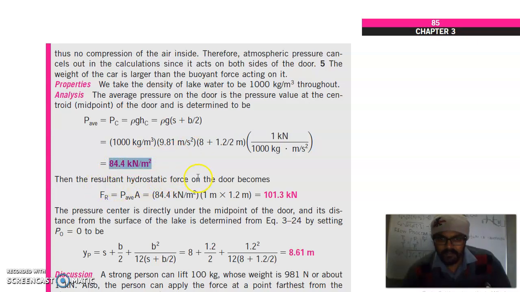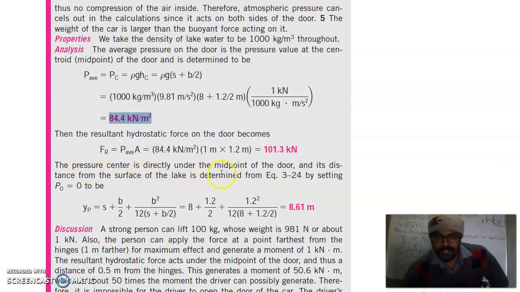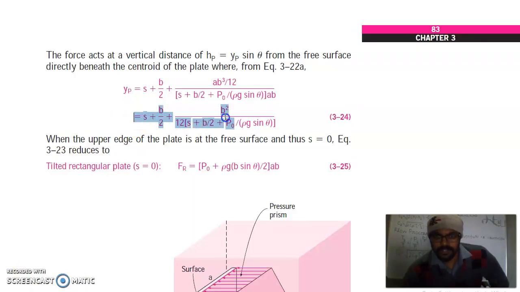Then the resultant hydrostatic force on the door becomes, now what is the resultant hydrostatic force? That is P average multiplied by the area of the door. Area of the door is 1 into 1.2 meter, which gives 101.3 kN. The pressure center is directly under the midpoint of the door, and its distance from the surface of the lake is determined from this equation. You can use this equation.